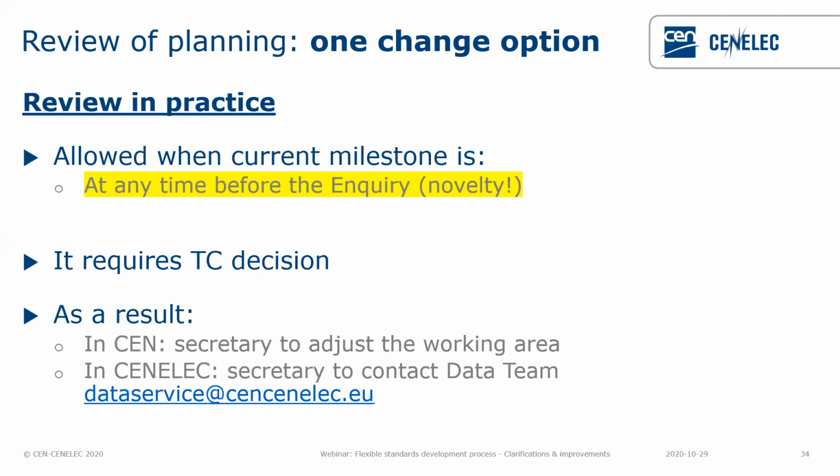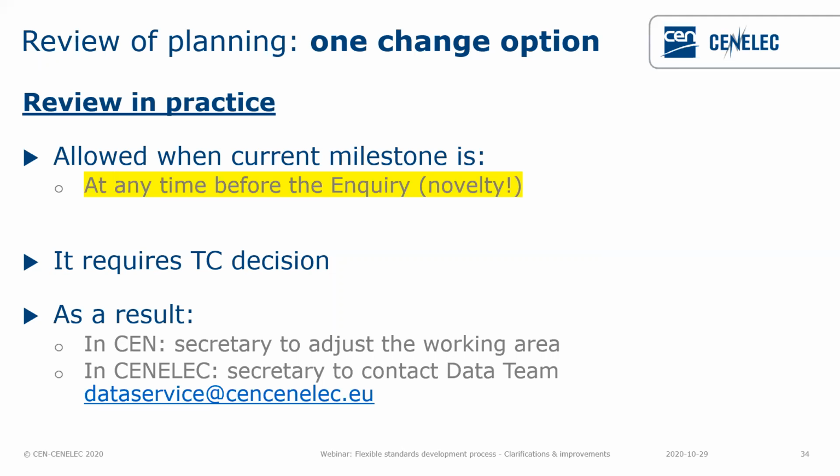The name means it can be taken only once and should be before the end of inquiry. This is the novelty, because before we made a reference to 4 weeks after the first working draft, but then under COVID, we decided to propose more flexibility. And actually, the timing was not well understood. So now it's at any time before the end of inquiry.